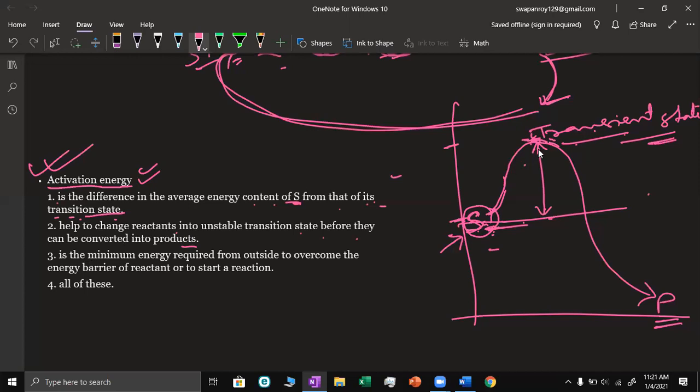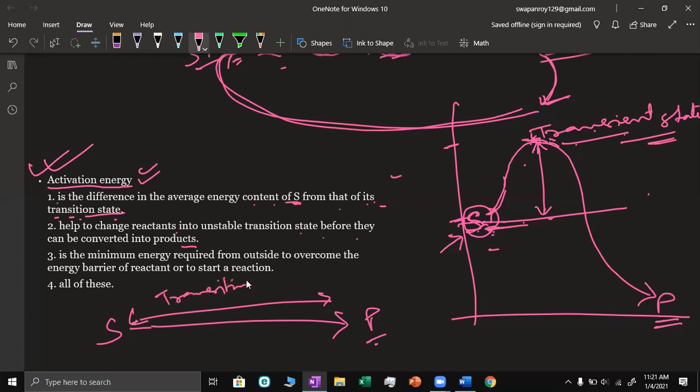In the journey from substrate to product, this in-between period is called the transition state, and this state is unstable.